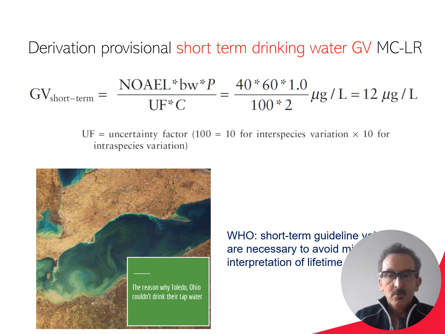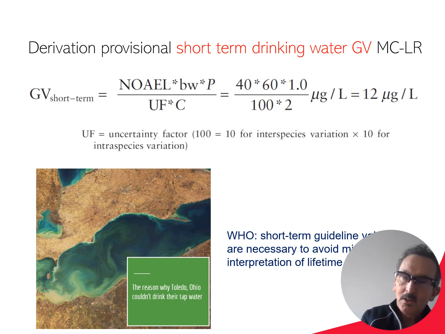Then the book continues. As just discussed, there's not always lifetime exposure. Sometimes there's just maybe a few days, at best a couple of weeks, where microcystin values would exceed guideline values, or where microcystin is actually detectable in drinking water.